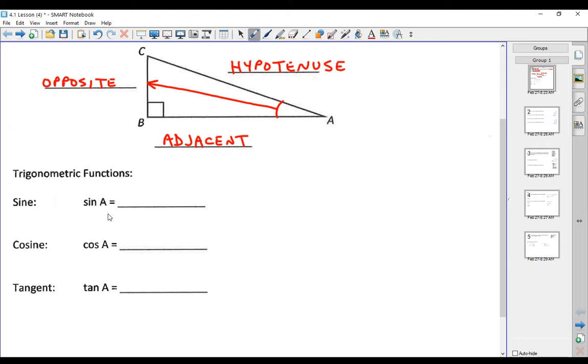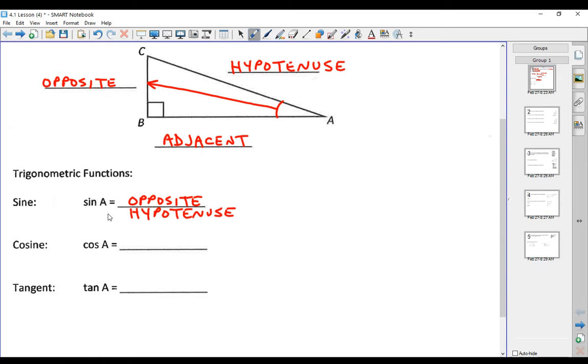In regards to angle A, we have something called the sine. The abbreviation is SIN. And if I want to do the sine of angle A, we make a fraction or a ratio out of that by taking the length of the opposite side over the length of the hypotenuse. If we want to find the cosine, the abbreviation is COS.